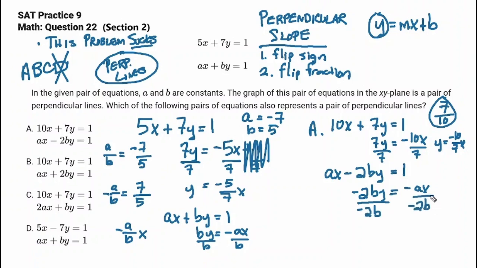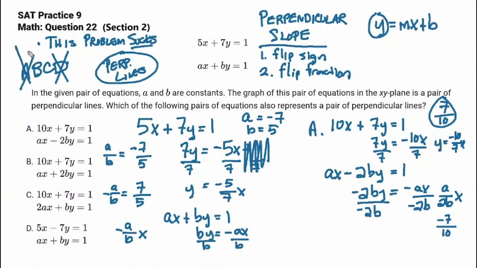Remember that a negative divided by a negative is a positive, so what's the slope? It's a over 2b x. Now what's a? A is negative 7, and b is 5. So it's 2 times 5, which is 10. Negative 7 over 10. We were looking for 7 over 10. Is that the same? It's not.